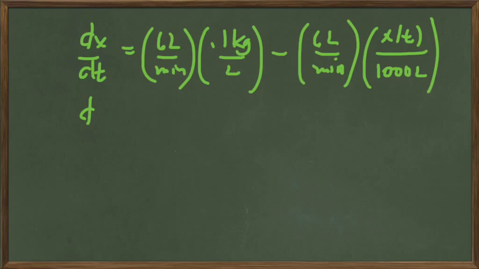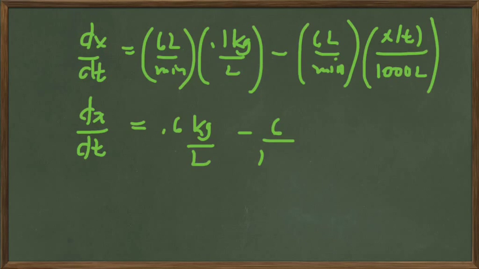If we clean that up and simplify the numbers and the units, we get 0.6 kilograms per minute coming in, and we get 6 over 1,000 times x of t kilograms per minute going out. So everything is in the same units, including the dx/dt on the left side, so we don't need to write that unit anymore.